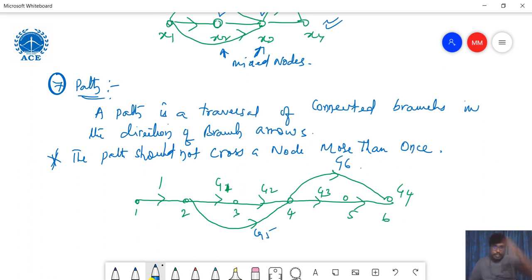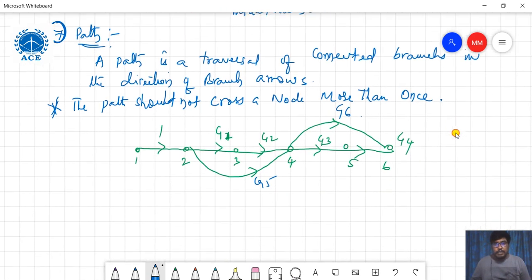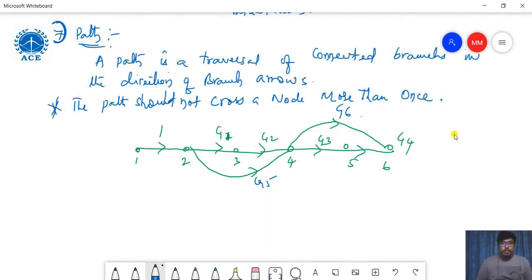See here, in this case, how many paths do we have? Let us calculate. Path is already defined: a traversal of connected branches in the direction of branch arrows. Suppose this is 1 2, this is moving towards up to 6. Can I say this is a path?